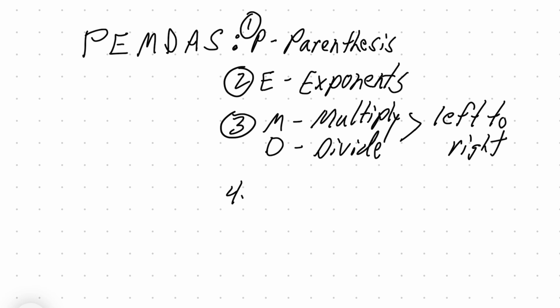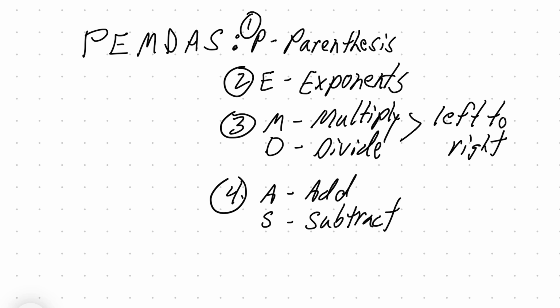And then the fourth and last priority is add or subtract. Now, when you add and subtract, it doesn't matter if you work from left to right, but I recommend it. Those are the rules, and those are the priorities that you have to follow.